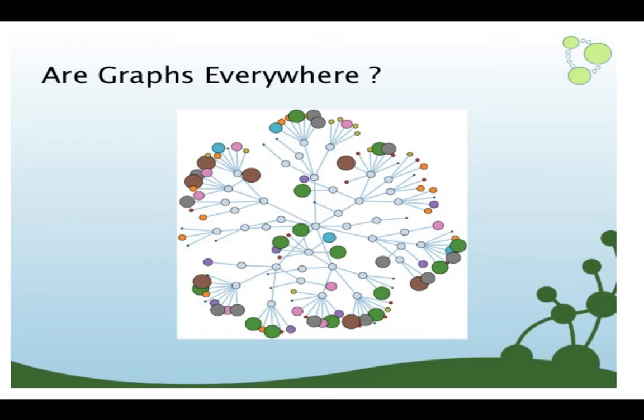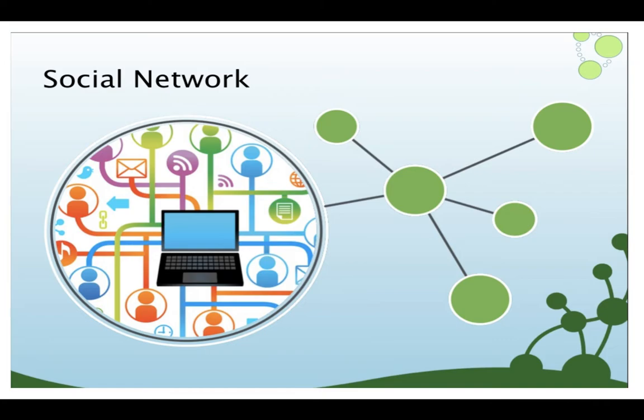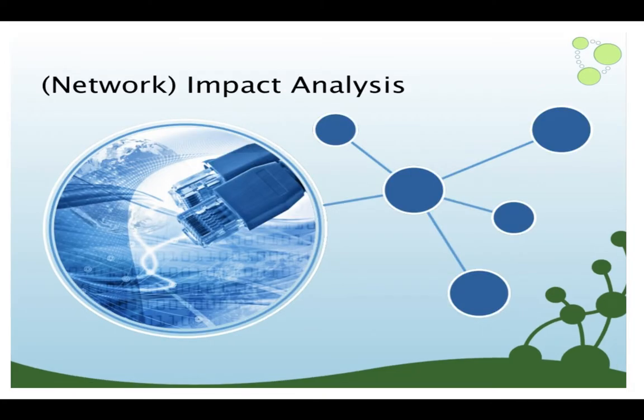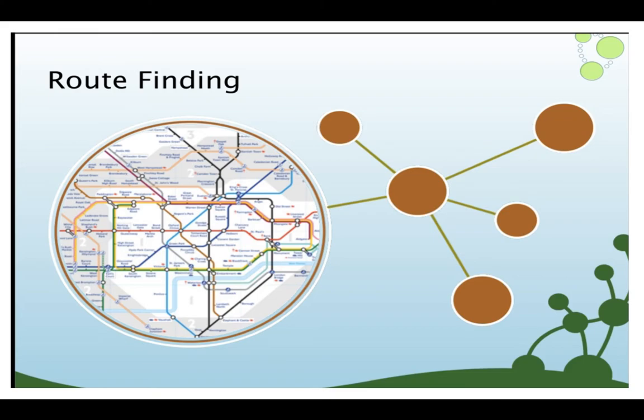So, are graphs everywhere? Yes, graphs are everywhere. Whether you talk about social networks, network analysis, route finding, graphs are there. Whether you are using Google Maps, Uber, or any route finding application, graphs are there, whether to find the shortest path.